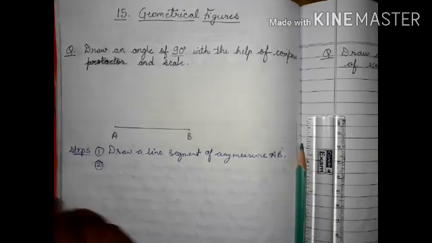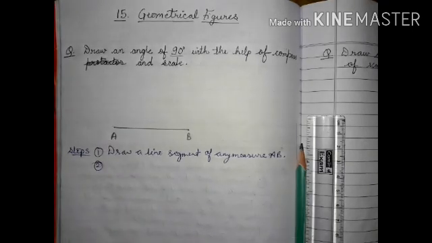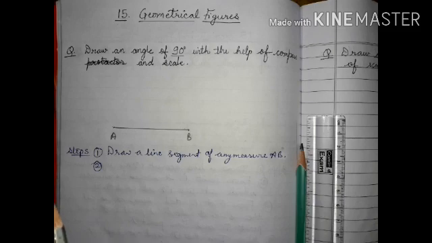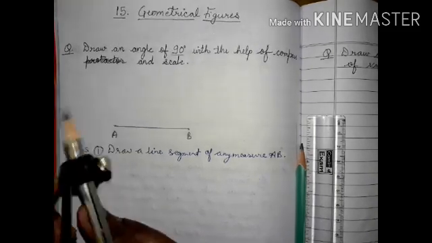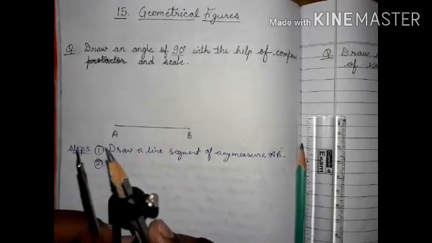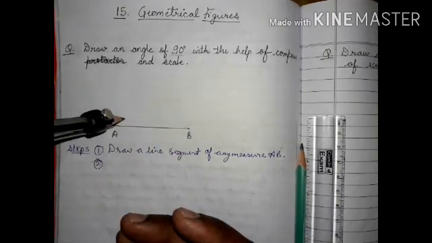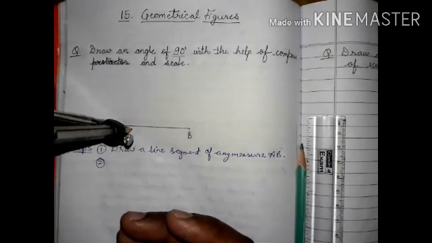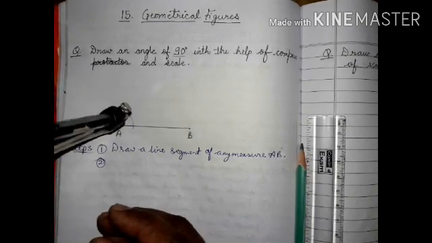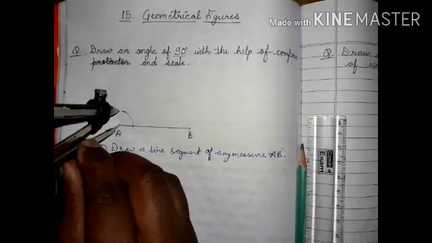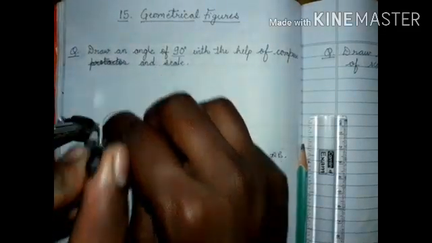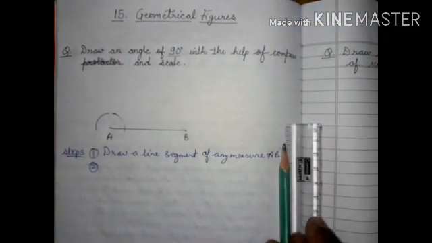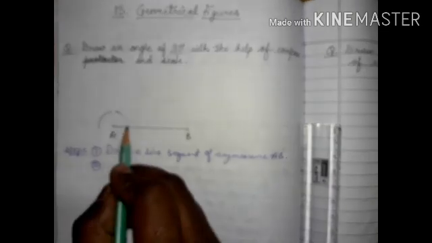Then taking point A, with a small radius, draw a semicircle, which cuts the line AB at point P.